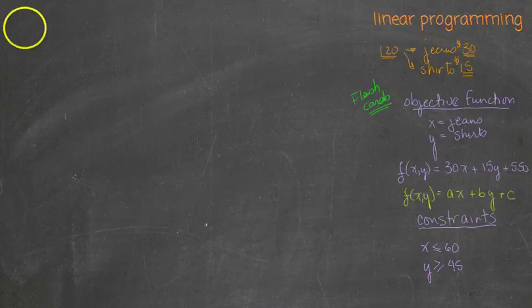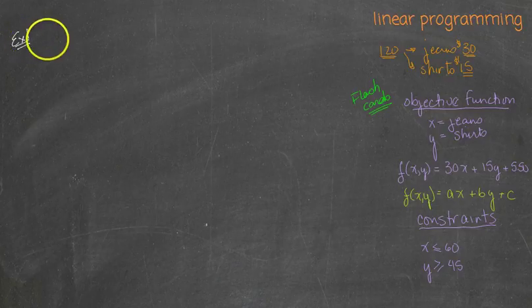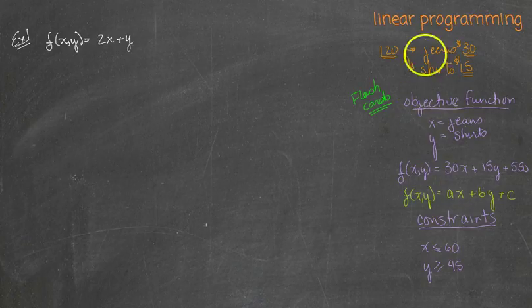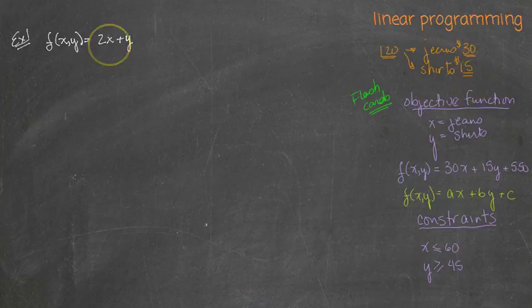So we're given an objective function, the function of x and y equals 2x plus y. And we don't really know what situation this is. I gave us an example of buying things at a store, but we're not given that, but we are given the constraints.